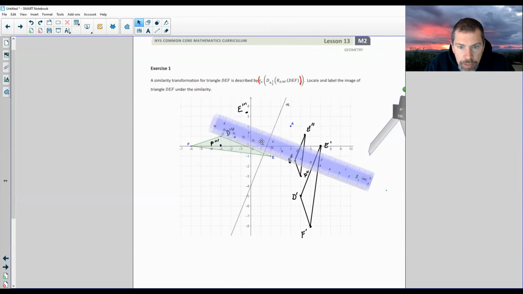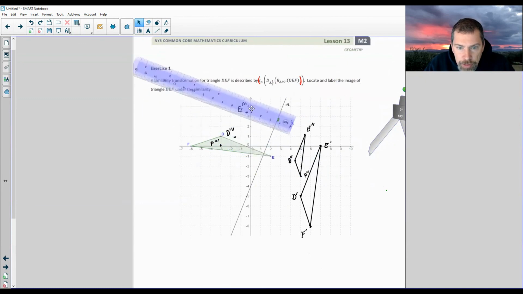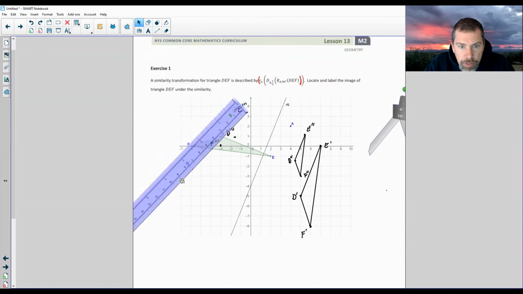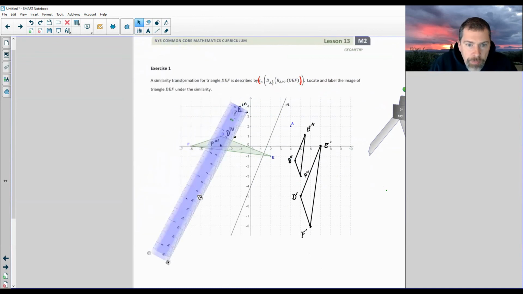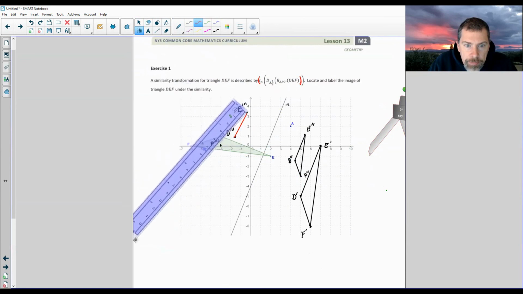I'm going to put my ruler to work, and I'm going to connect these 3 dots. So E is here, going to D. Make it red. So there's segment ED. Here's segment EF.